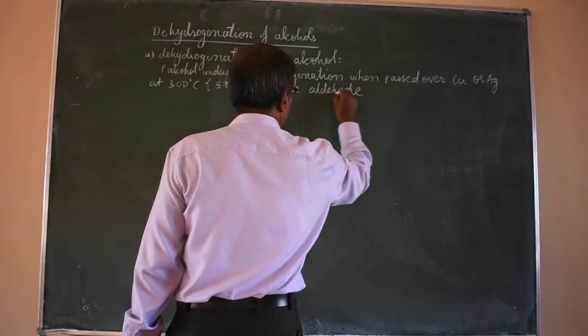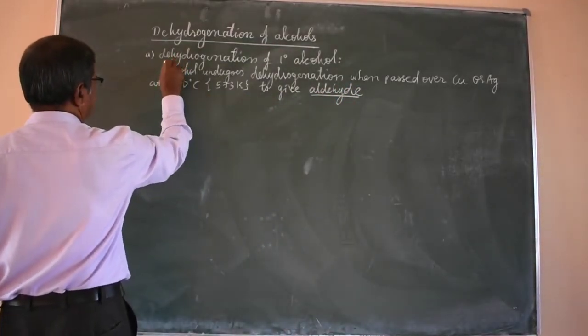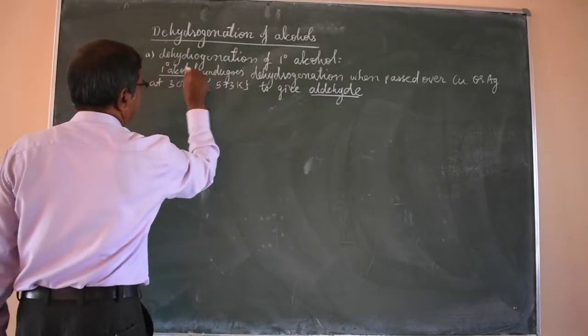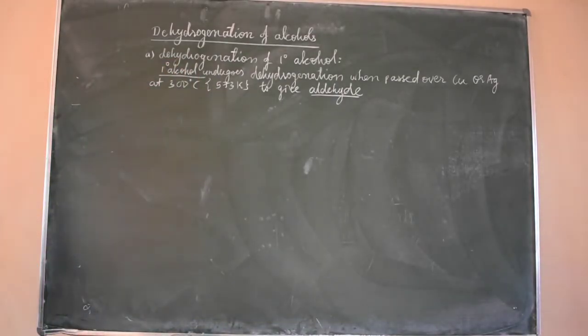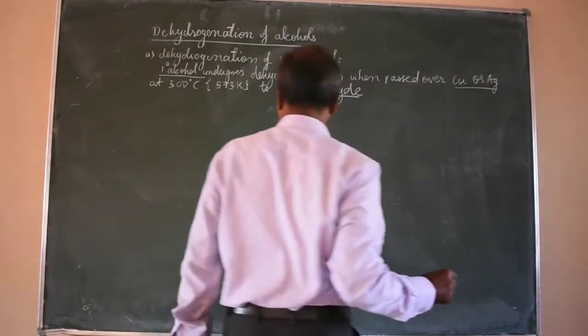So what you have to remember: formation of aldehyde by dehydrogenation of 1 degree alcohol. And the catalyst is copper or silver.